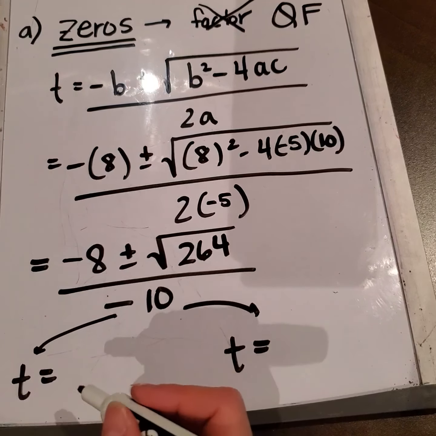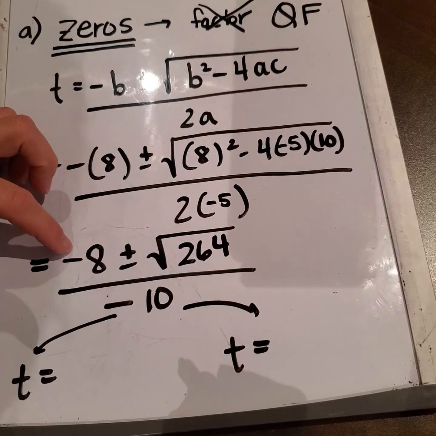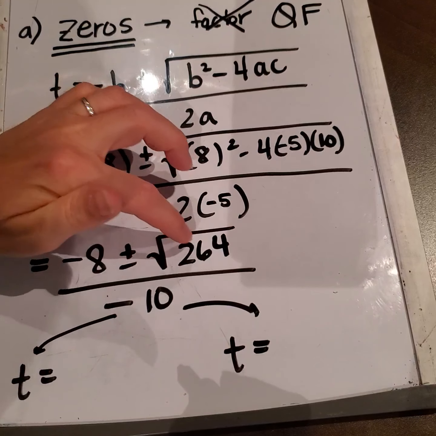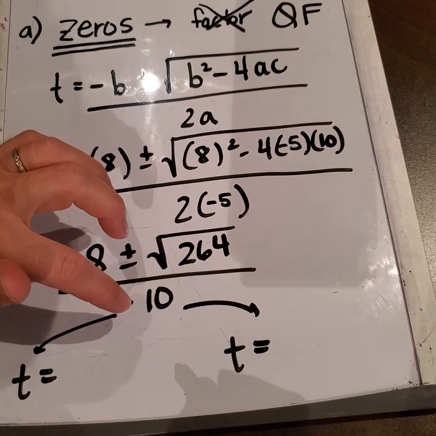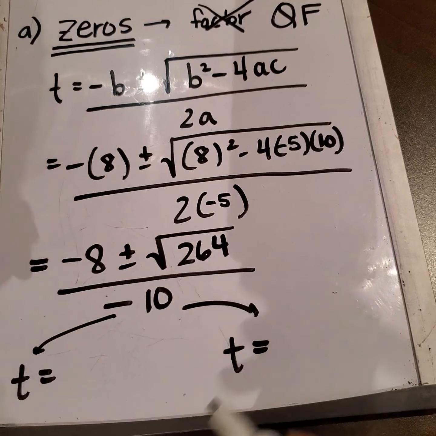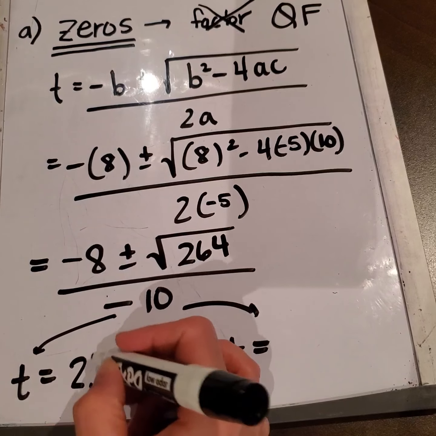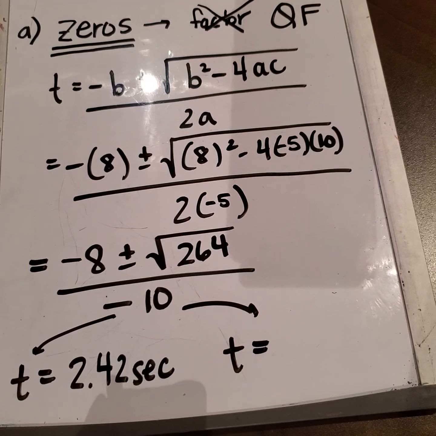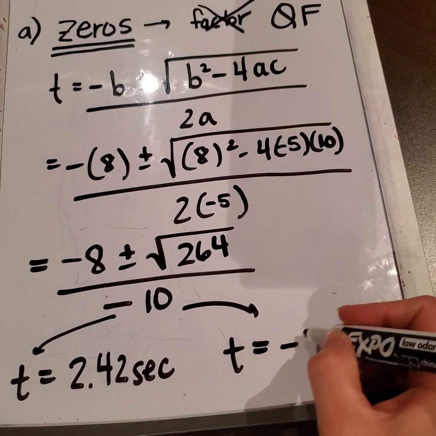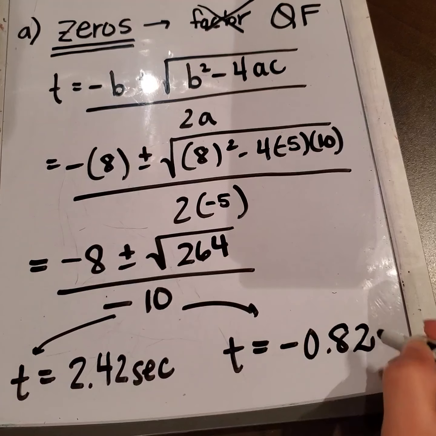So if I take -8 minus root 264, divided by -10, I get 2.42 seconds. And if I take -8 plus root 264, divided by -10, I get -0.82, okay?